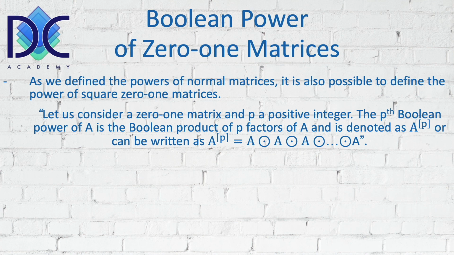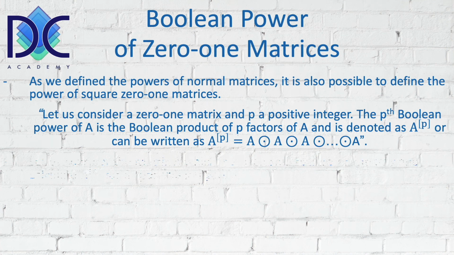Now, we have a 0, 1 matrix, and we have a p, a positive integer, which is the pth Boolean power of A. And it's the Boolean product of p factors of A, and it is denoted as A to the power of p, within square brackets to indicate that it is the power of the 0, 1 matrix. We can also write it as the Boolean product p times of A with A.